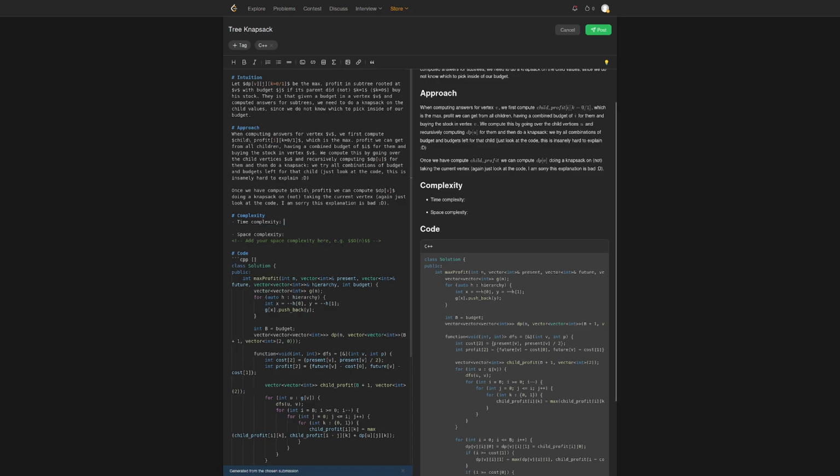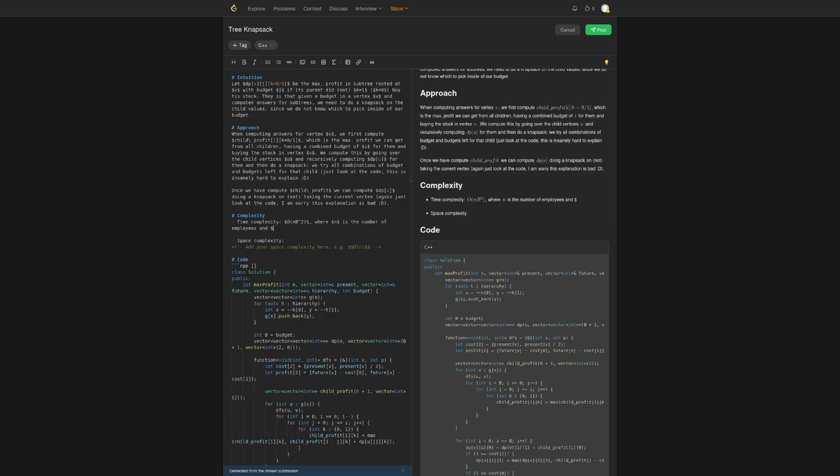Okay, time complexity is something ridiculous like n times b squared, where n is the number of employees and b is the budget.